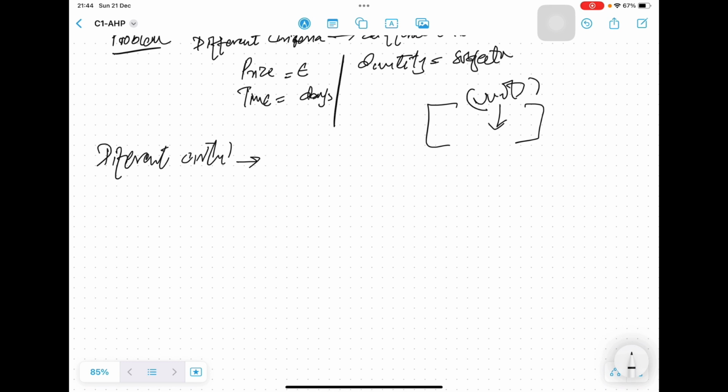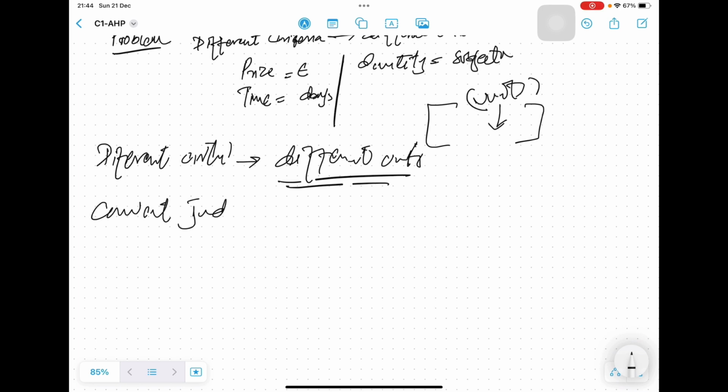In engineering, many criteria have different units. Price is in euro and time is in days. So what we do is convert judgment to numbers. AHP converts human judgment into numerical values, so we can calculate and compare properly, right?